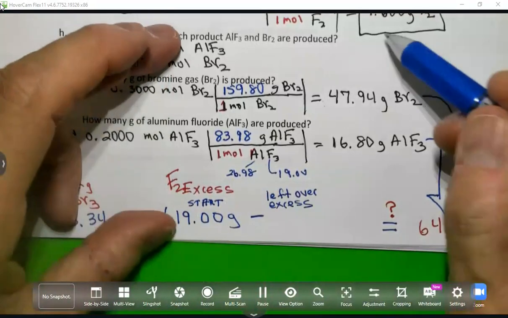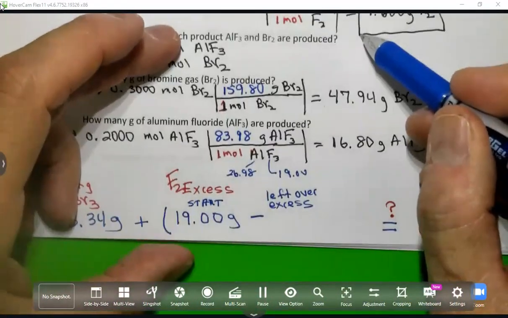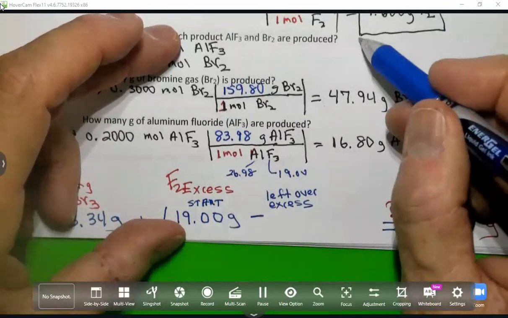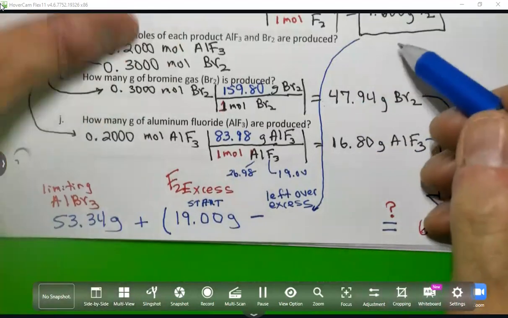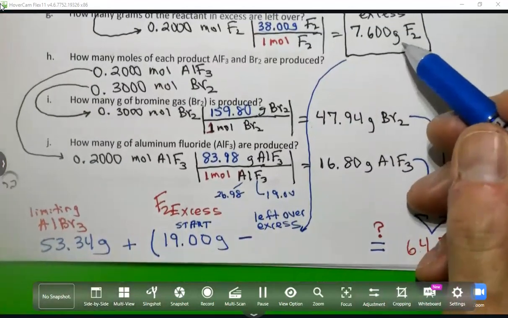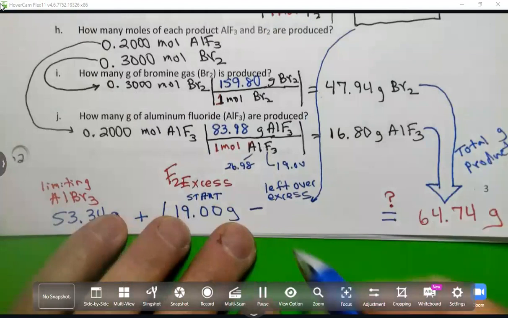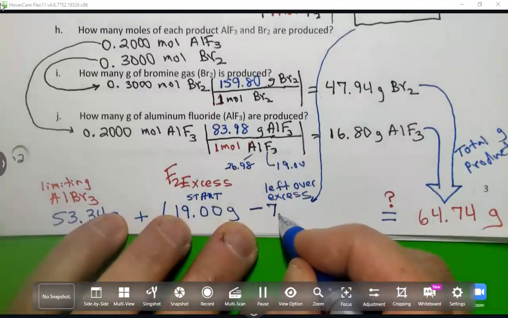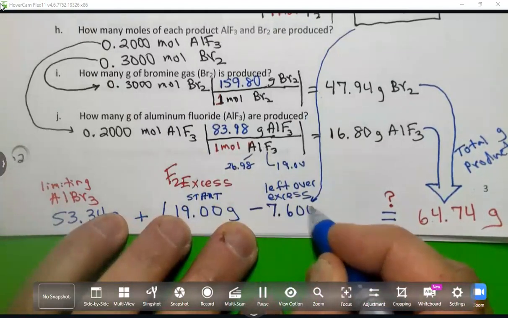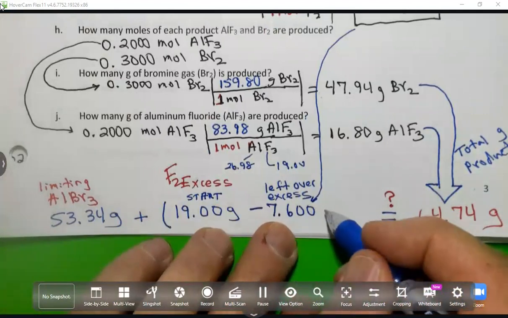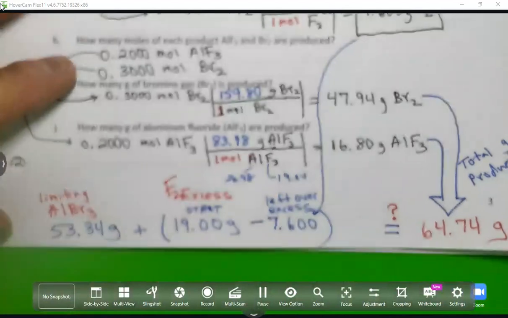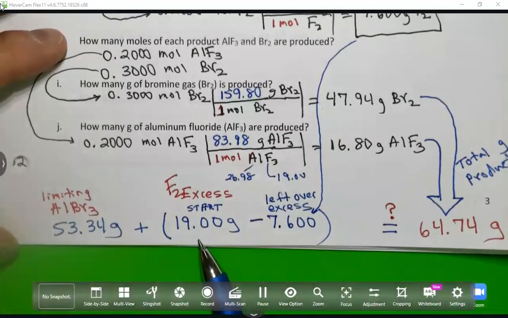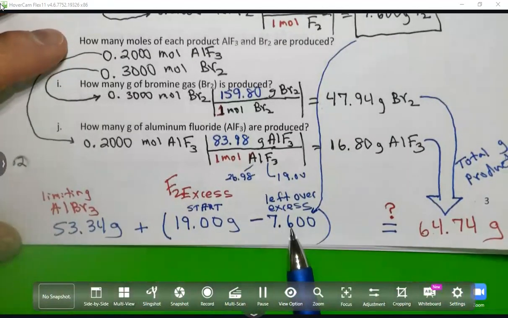My leftover excess, we calculated right here. 19 grams I started with, 7.6 grams left over.